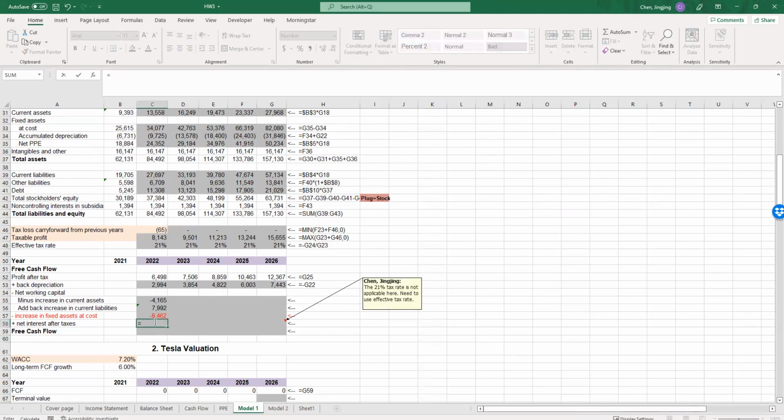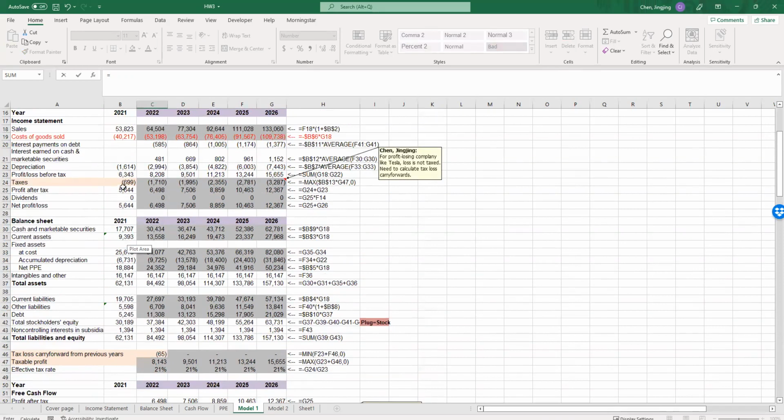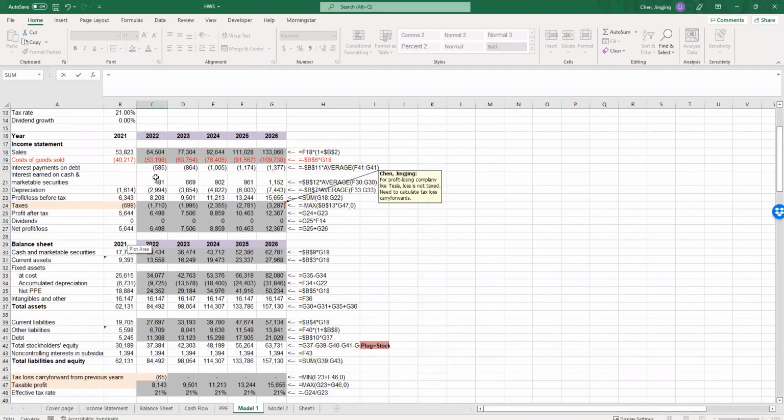Net interest after tax. It should be net interest. So G20 minus here. So this is interest payment minus interest income.